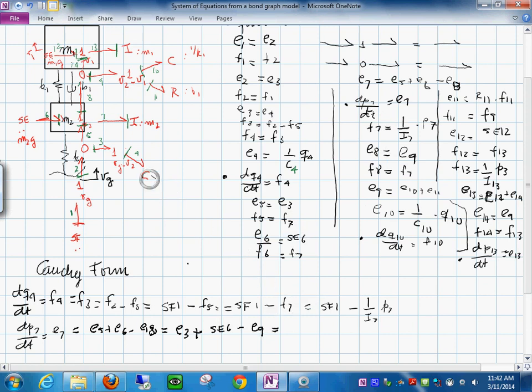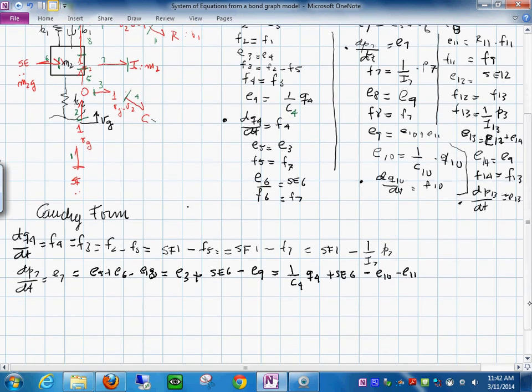Then we go e sub 3 is e4, so this is 1 over c sub 4 q sub 4 plus se6 minus e9, which is e10 plus e11. Yeah, and so we continue on.